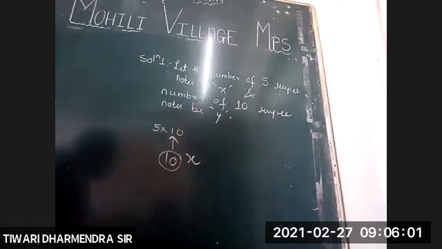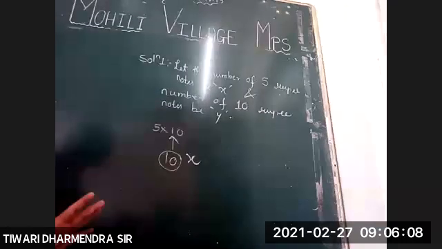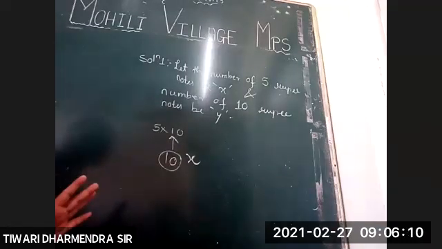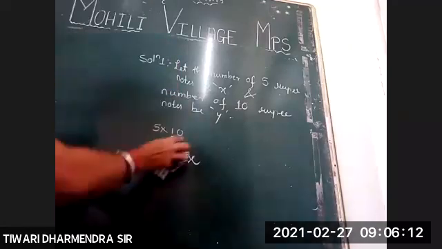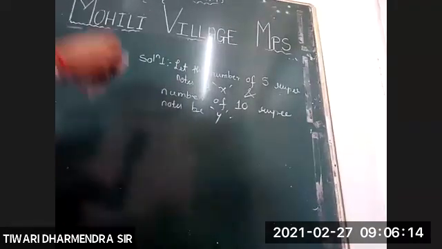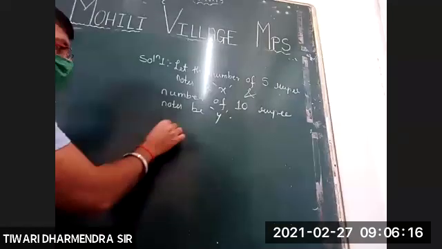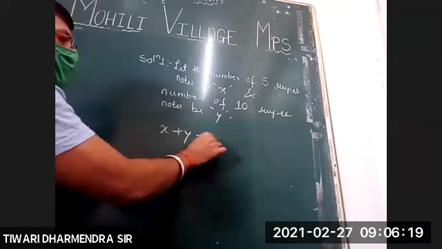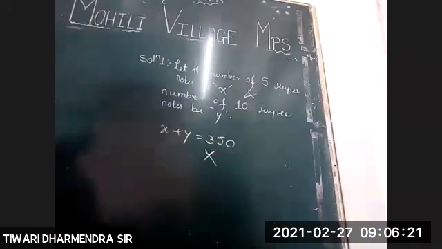They have given us the total amount of these notes together is 350. x plus y is a number, and they are giving us amount. If I write x plus y is equal to 350, then it is totally wrong.